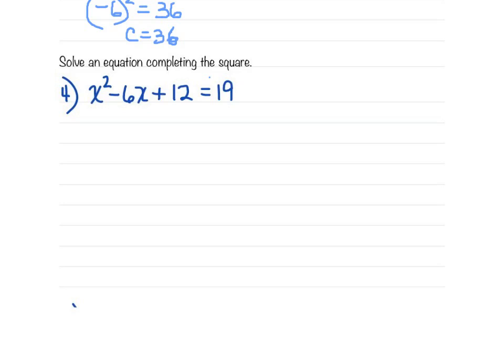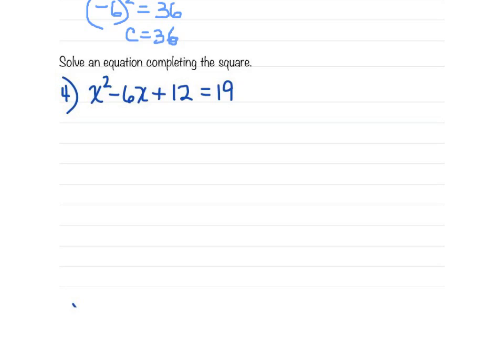Okay, now let's work on solving an equation by using this tactic of completing the square. Number 4, x squared minus 6x plus 12 equals 19.